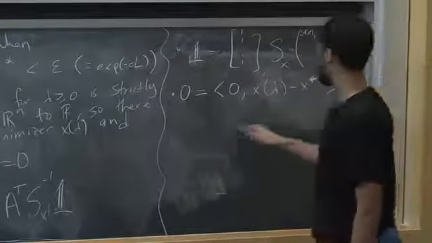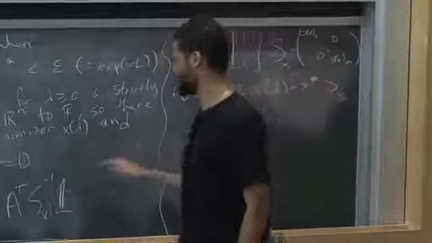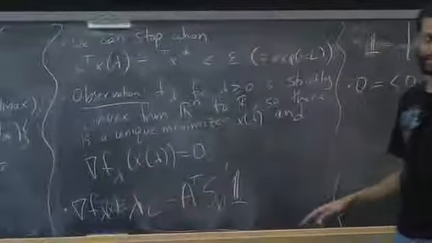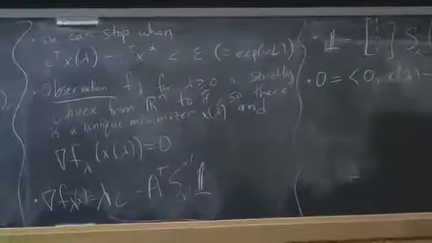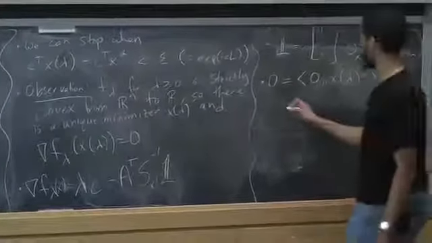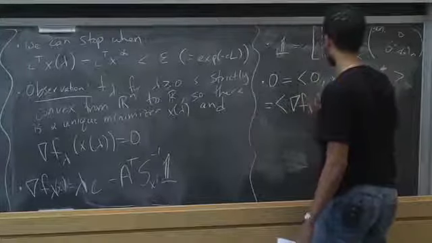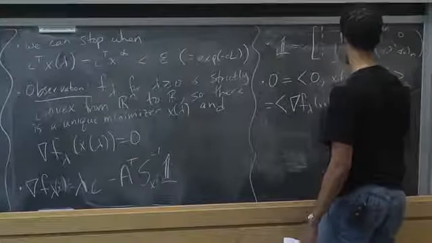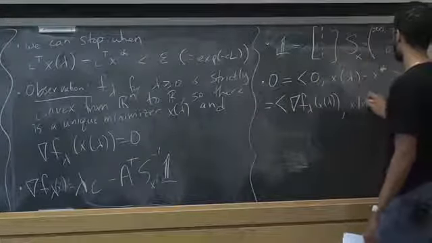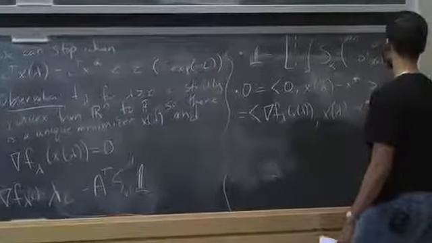And now I will replace this 0 with the gradient at x of lambda, because the gradient at x of lambda is 0. And this is equal to the gradient of f sub lambda at x lambda dotted with x lambda minus x star.